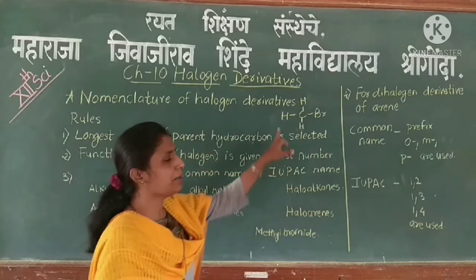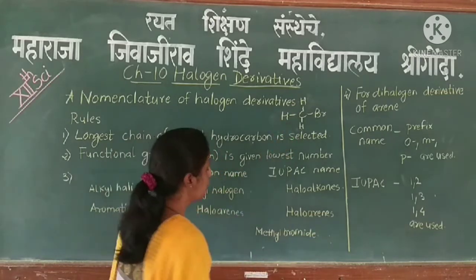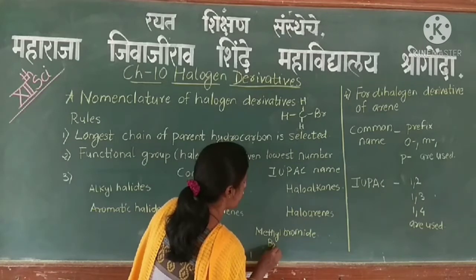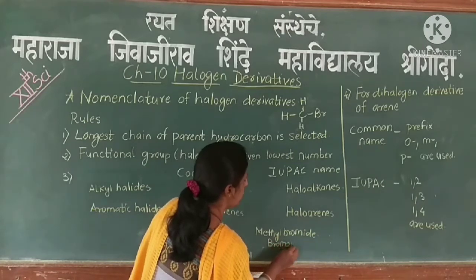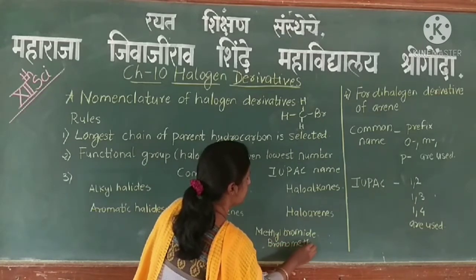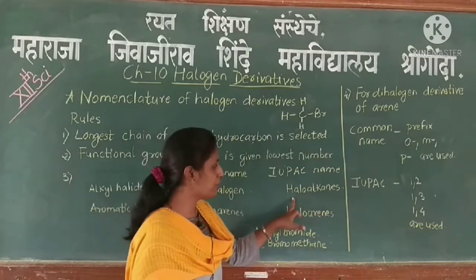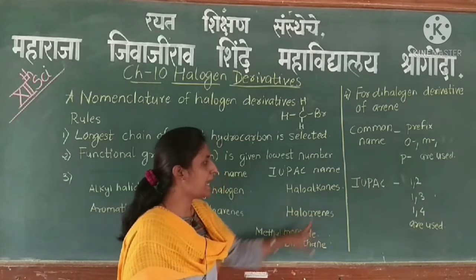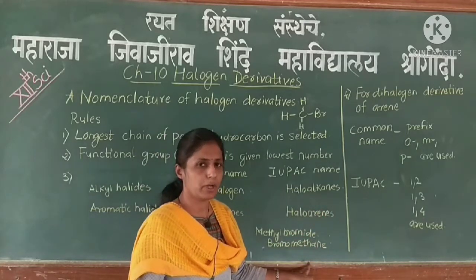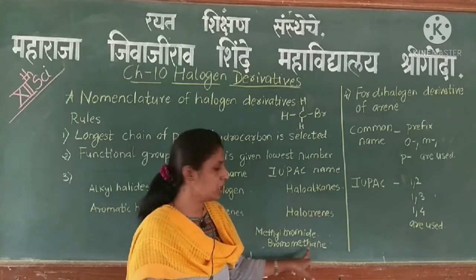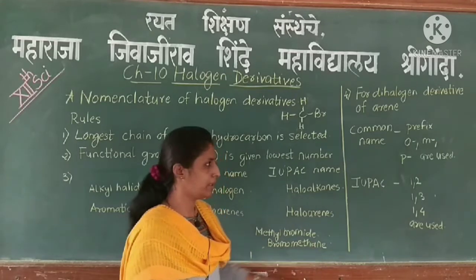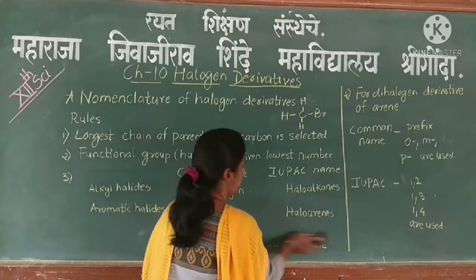But while writing the IUPAC name of this compound, you will write it as bromomethane. So while writing IUPAC nomenclature, first you write the name of the halogen and then the corresponding hydrocarbon chain, which here is alkane, so it will be bromomethane. Understood?